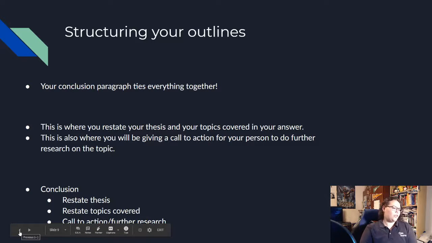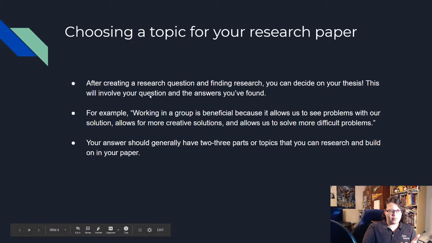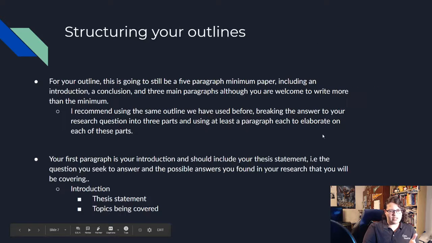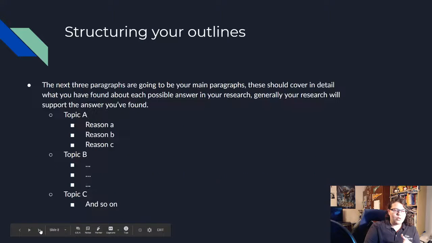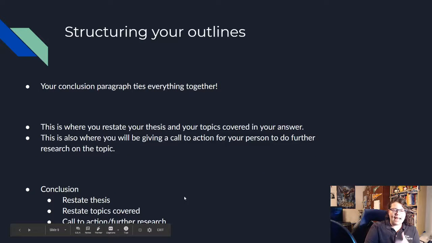So the conclusion is effectively a restating of what was covered in the previous body paragraphs. If we go back to that example, we would restate our thesis statement of working in a group. We would restate our topics that we covered: problems and solutions, allows for creative solutions, and allows us to see more difficult problems. And we would also put in some form of a call to action for further research on the topic.